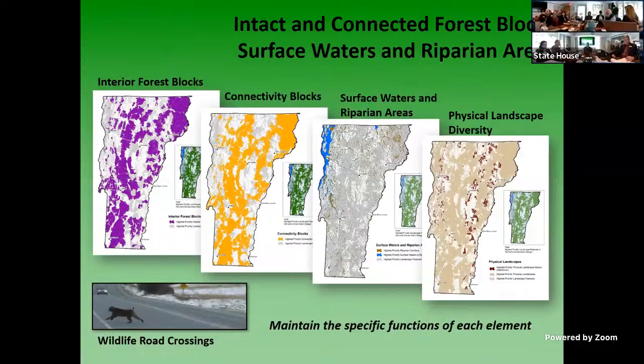I'm going to skip to the far right here, physical landscape diversity blocks. The ones that are in dark red, those blocks are an effort to make sure that the design captures the full reflection of Vermont's landscapes, so that it's not just high mountains, where, just because of land use history, is often where the best, largest chunks of forest are left.